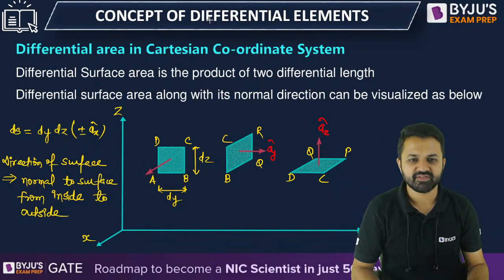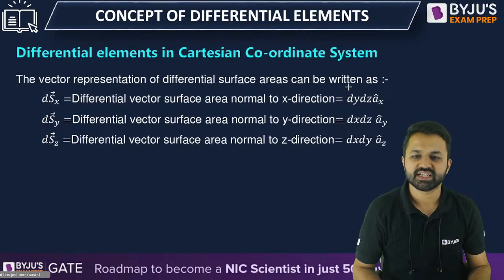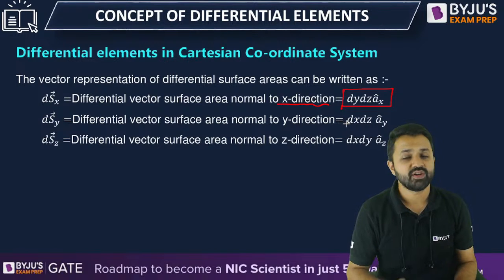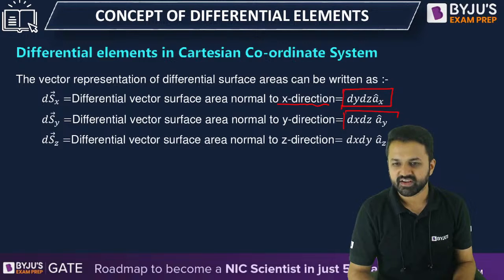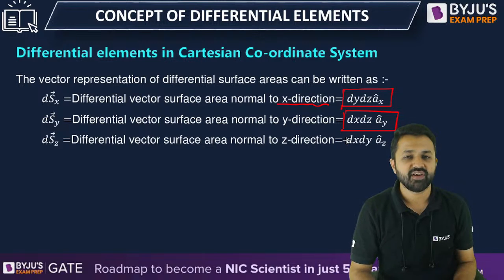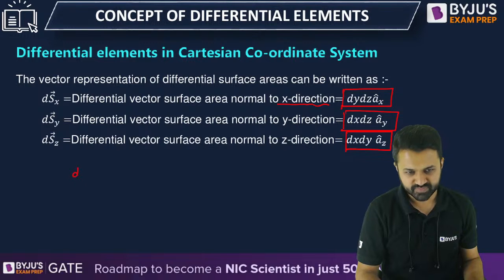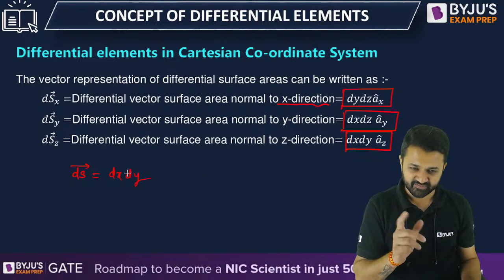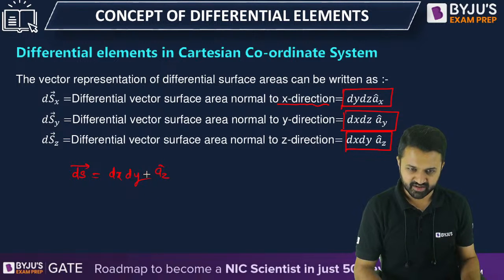So what will be the differential surface then? The differential surface, when you write in the direction of x, is dy dz ax. When you write in the direction of y, it will be dx dz. And when you write in the direction of z, it will be dx dy. You can say that if you are taking x and y, then the direction is z, it can be plus or minus.